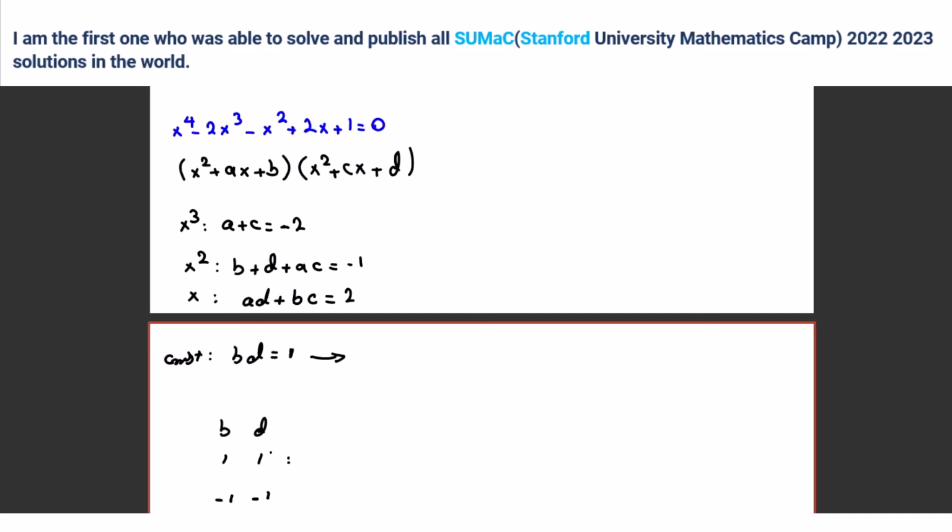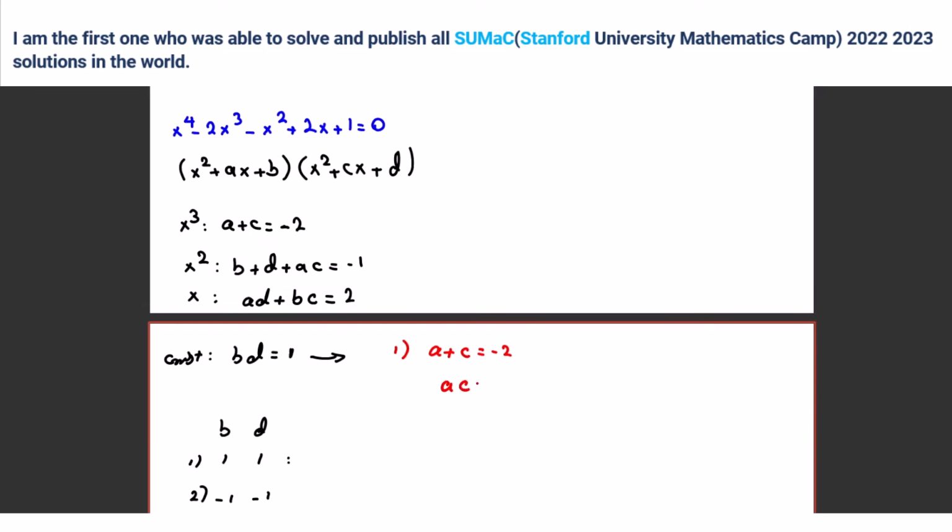Okay. Now that B and D are 1, let's replace them. We want to check these two cases. For case 1, B and D are 1, so A plus C is -2. Second equation will be what when B and D are 1? AC is equal to -3.